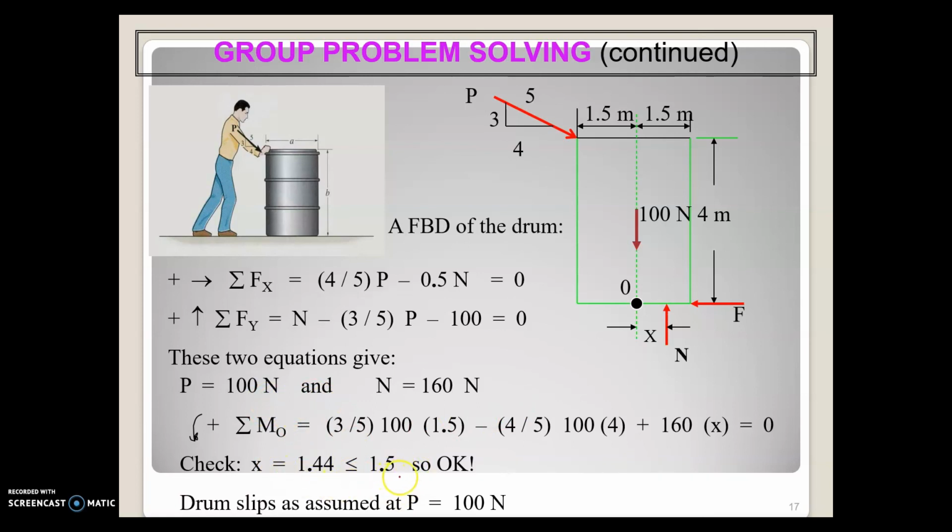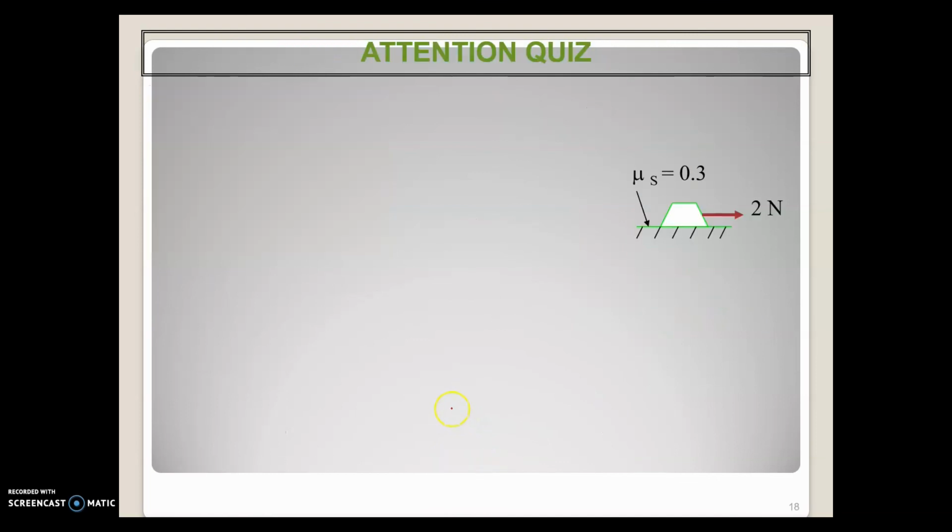Kalau dia kurang, dia okey. Kalau dia lebih, maknanya dia tak logik lah. So, drum, betul lah assumption kita yang drum ni slips as assumed at P equal to 100 Newton. Okay. Kalau dia X tu lebih dari 1.5, dia tak slip. Alright? Dia tip mungkin. Okay.